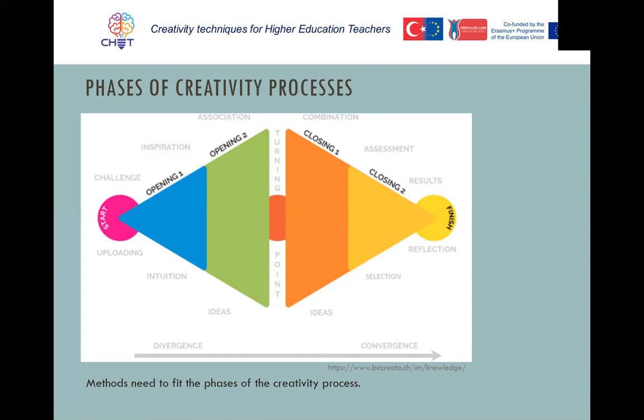And you have an assessment phase, called here closing 2, where you assess and select ideas. We are going to look into these phases now, one after the other. But what is important to always remember when you design these processes is that the methods need to fit the phases of the creativity processes.